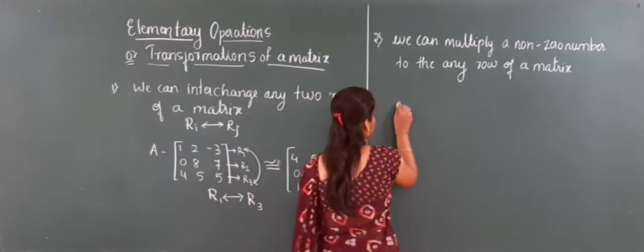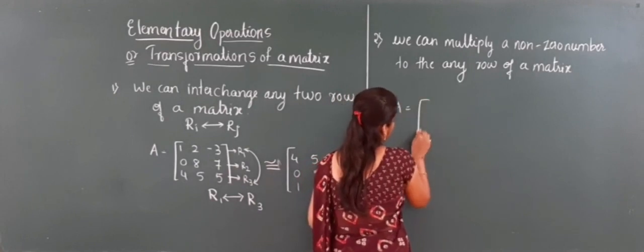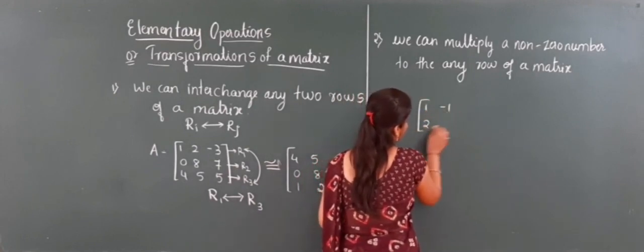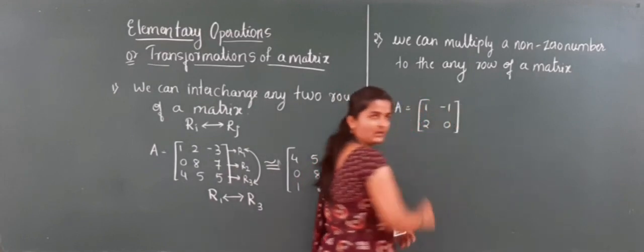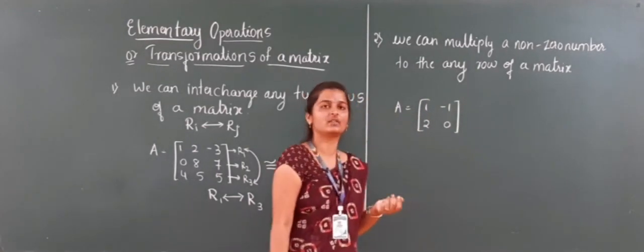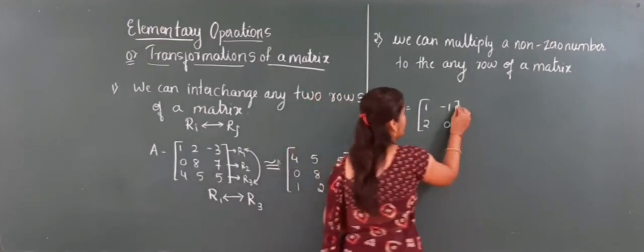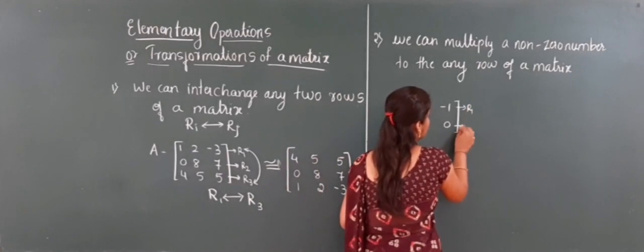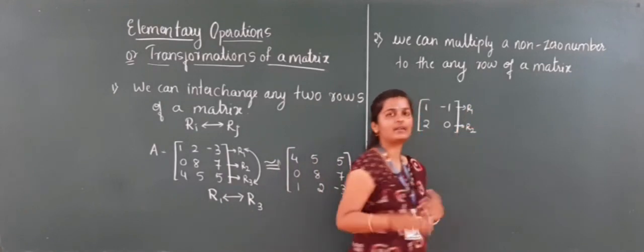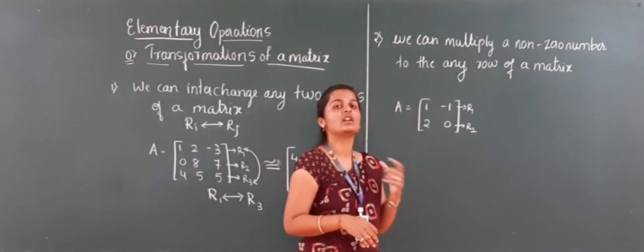If there is a matrix like this, 1, minus 1, 2, 0, how many rows are there? 2 rows are there. This is the R1 row, this is the R2 row. Now I want to multiply by a non-zero element.